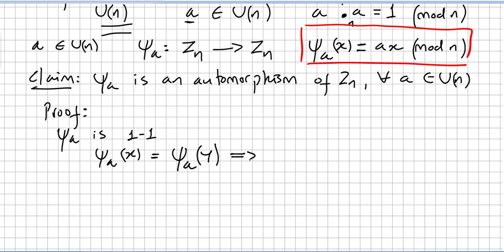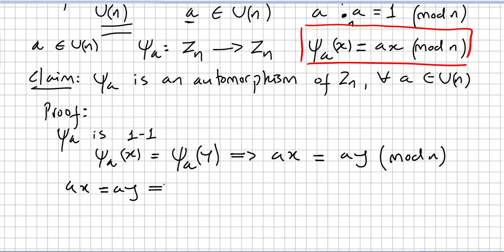That implies that ax equals ay modulo n.